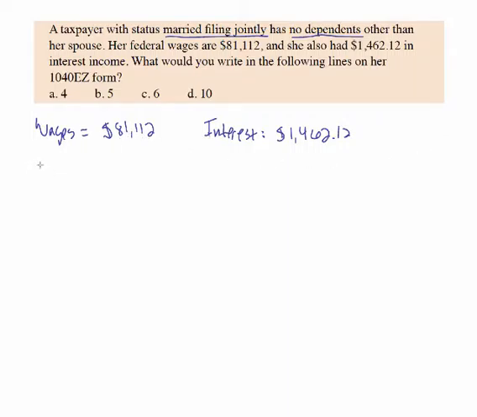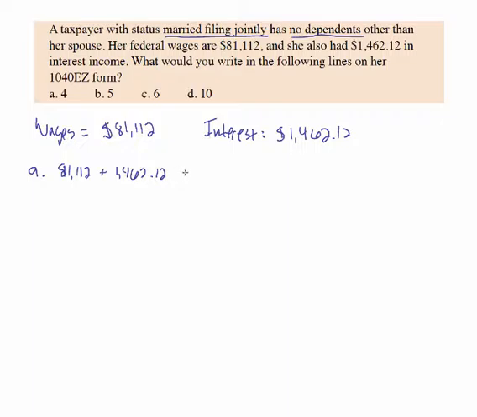So on line 4 of the 1040 Easy form, which you can find in the lesson for reference, line 4 is the adjusted gross income, and the instructions right on the form say to add lines 1, 2, and 3. Well, line 1 is wages, which we know is $81,112. Line 2 is taxable interest, which we know is $1,462.12.